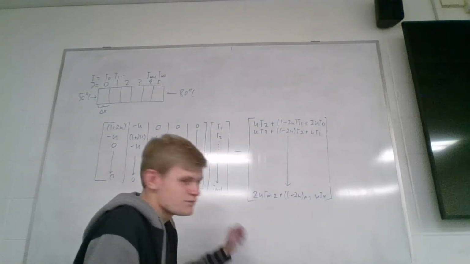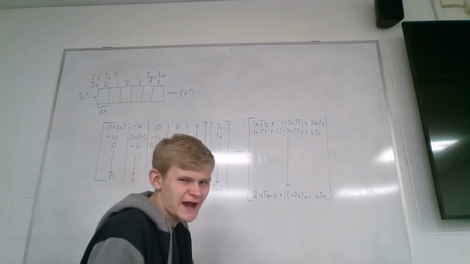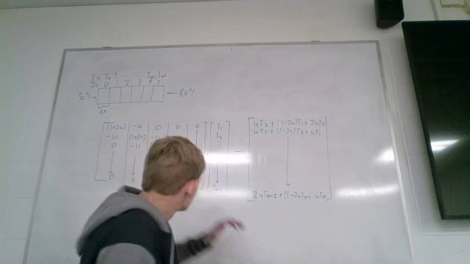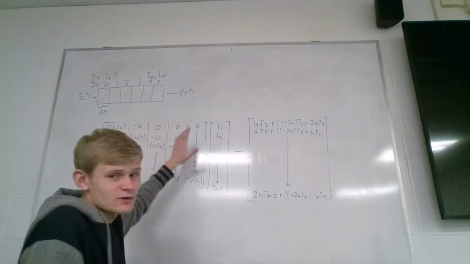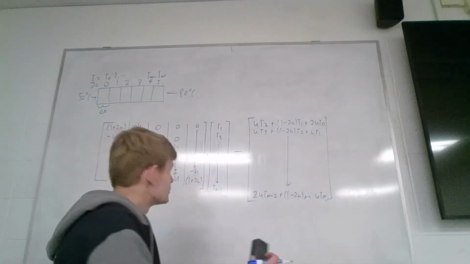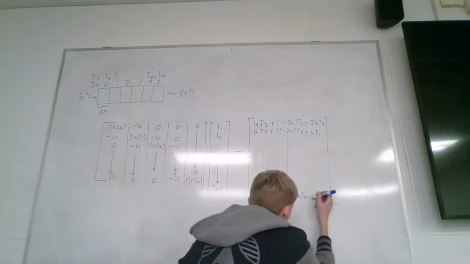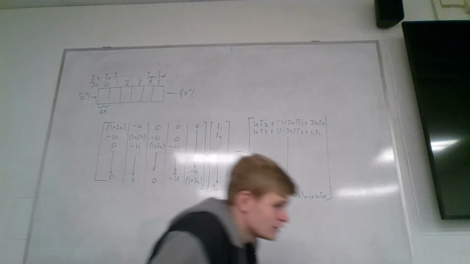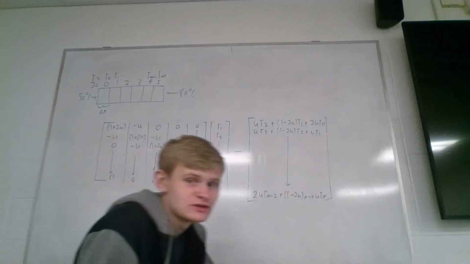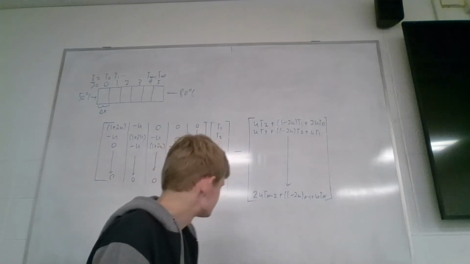And doing this like a normal matrix multiplication makes absolutely no sense, because you're going to have so many of these zeros in this matrix that it's just going to take forever. So what we're going to do, at least in this Python code, is use something called a banded matrix.